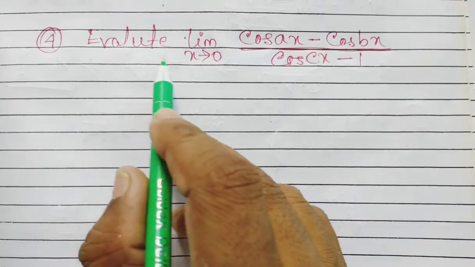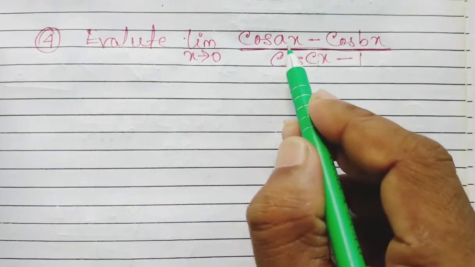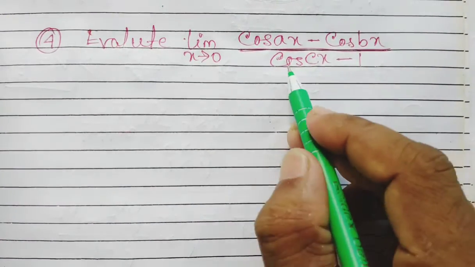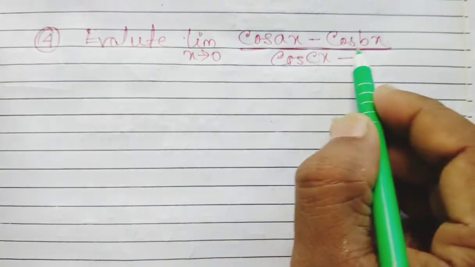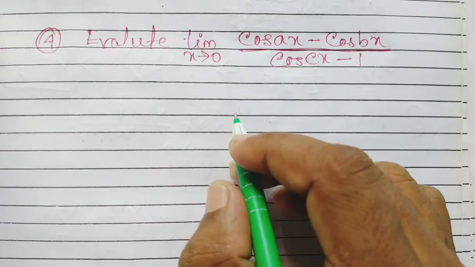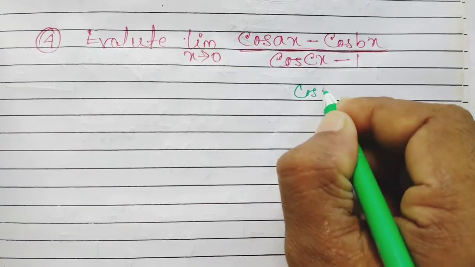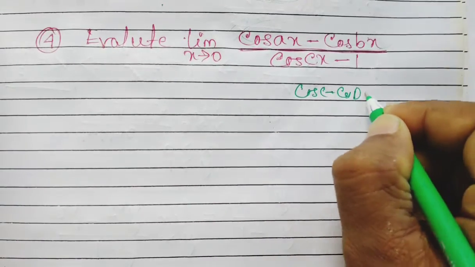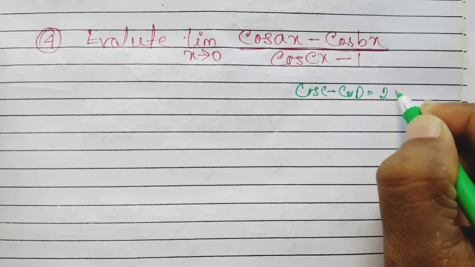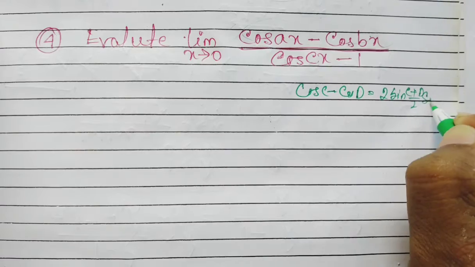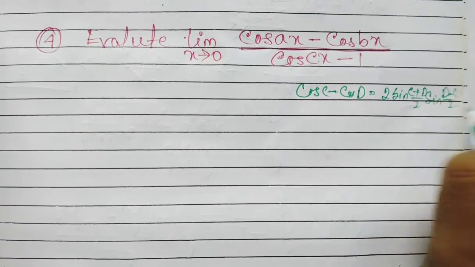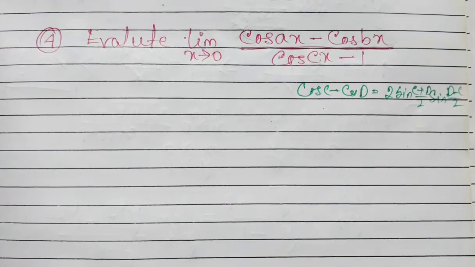Here is the question: evaluate limit of x tends to 0 of (cos ax minus cos bx) by (cos cx minus 1). This is the formula of cos c minus cos d, and we know cos c minus cos d is equal to 2 sin (c plus d) by 2 and sin (d minus c) by 2. So just use this formula.